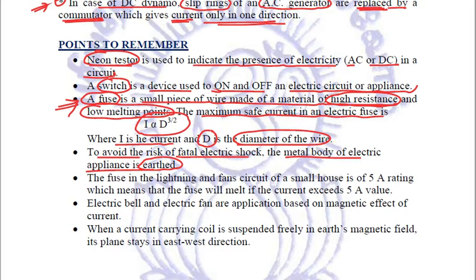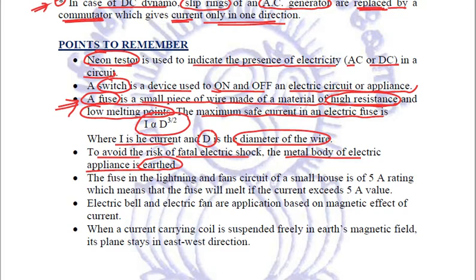So the moment we touch that appliance, we will experience an electric shock. Obviously, that is harmful. So in order to prevent such a dangerous situation, these electrical appliances are earthed.